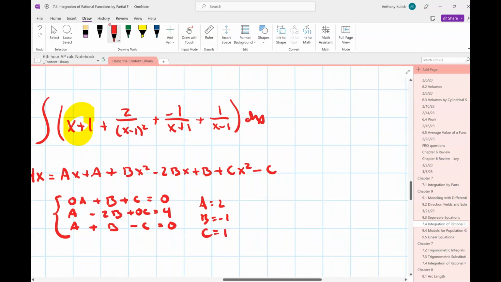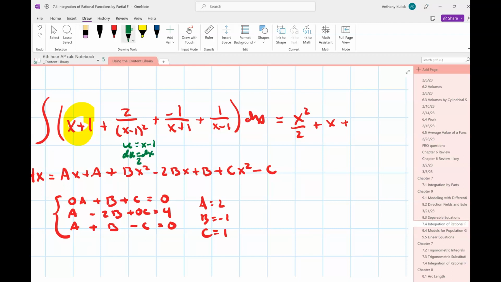All right, antiderivative time. So x squared plus x. And then how do I do the antiderivative of 2 over x minus 1 squared? Okay. So my u is x minus 1. So that's going to be du is just dx.